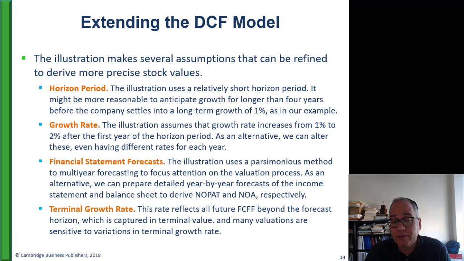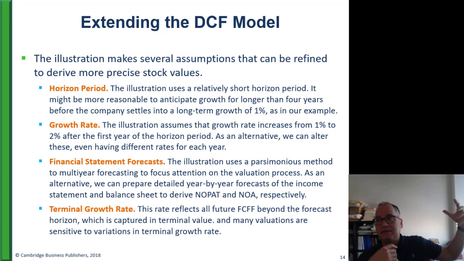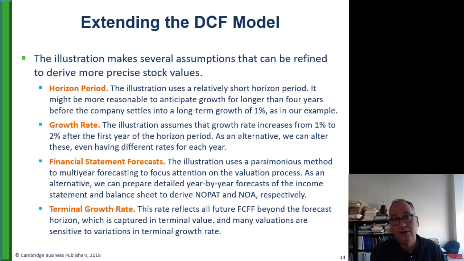Now, terminal growth rate often can have a big influence on your overall estimate. So you've got to pay careful attention to what the terminal growth rate is and how much you think the company is going to grow 5 years and after that into the future. You really have to estimate that well, because it has a big influence on the overall value of the stock.